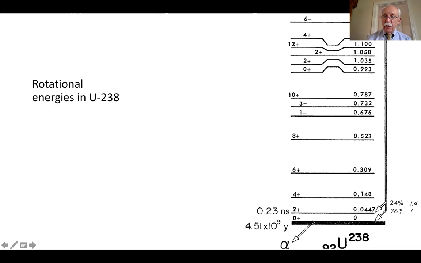That is, the nucleus can be thought of in these excited states as rotating faster and faster. And so for the 0 plus, 2 plus, 4 plus, 6 plus, 8 plus, 10 plus, 12 plus states, all of those fit very nicely into the energy L times L plus 1 h bar squared over 2I for a rotational quantum state.